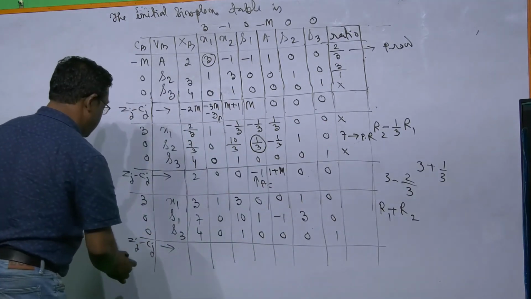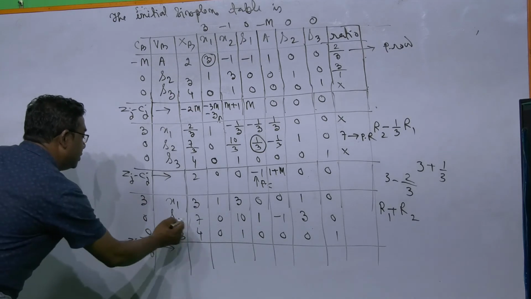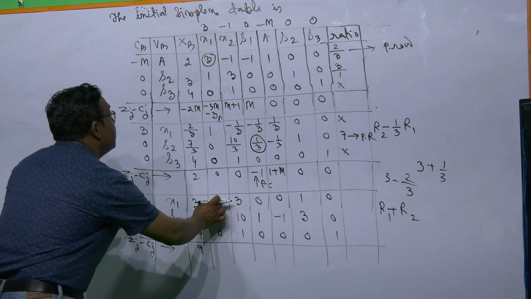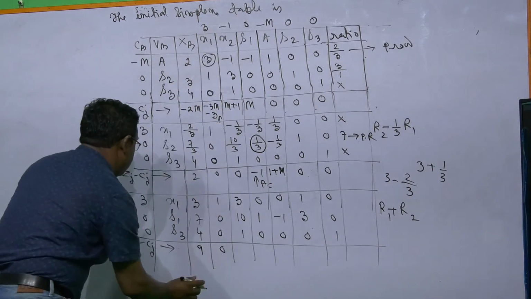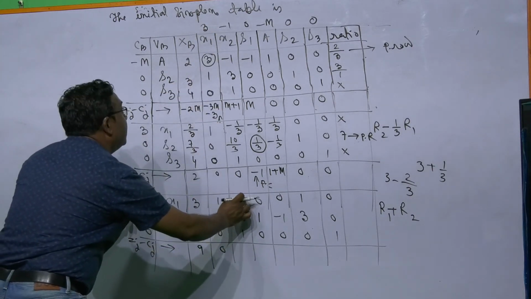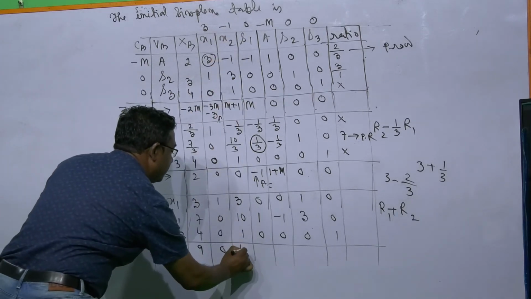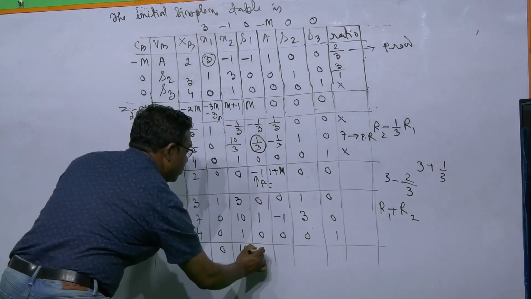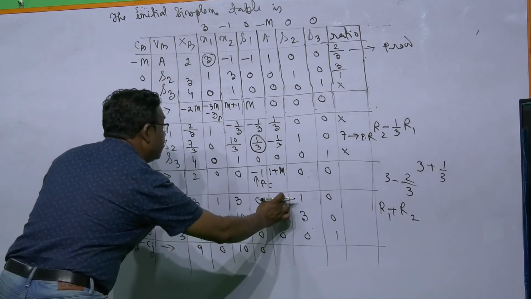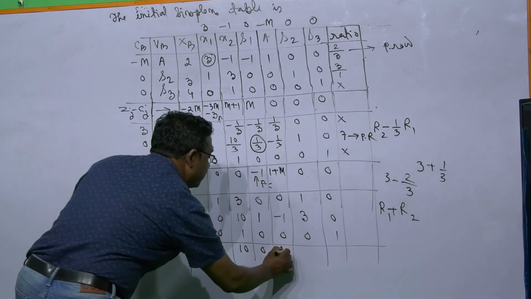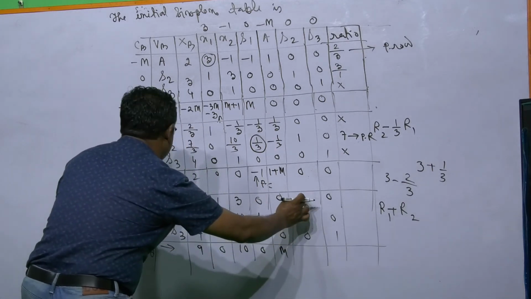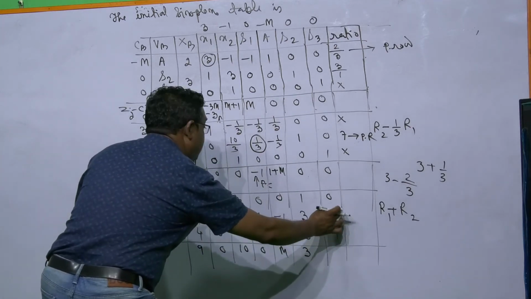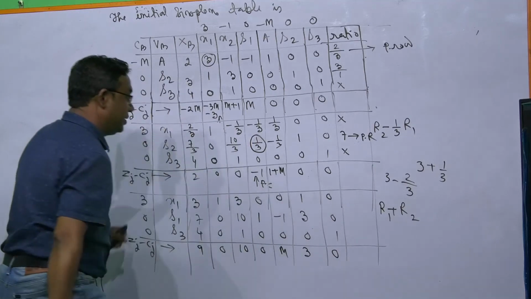So you find out Zj minus Cj. This is 0. This is 0. This is 9, 0, 0, 3, 3 minus 3, 0, 0, 0, 9, 9 minus 1 means 10, 0, 0, 0, 0 minus 0, 0, 0, 0, 0, 0 minus M is M, 0, 0, 3, 3 minus 0 is 3, here 0, 0, 0 minus 0 is 0, okay.